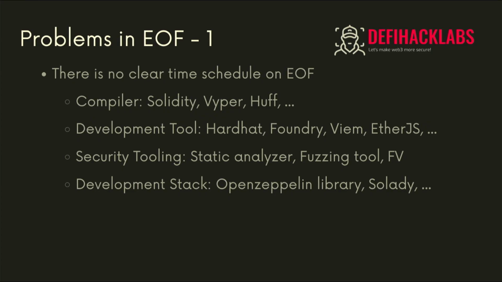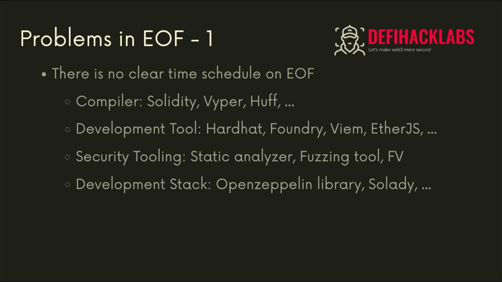If you are a smart contract developer, I think you're very familiar with these tools. We have the Solidity compiler, and we have the Vyper compiler that allows you to write smart contracts in a language that looks like Python. And we also have the Huff compiler that allows you to write low-level assembly smart contracts.